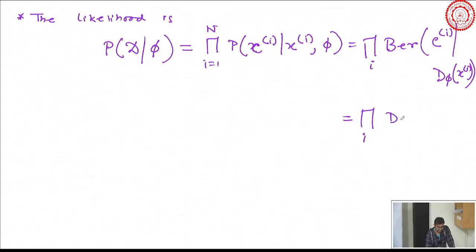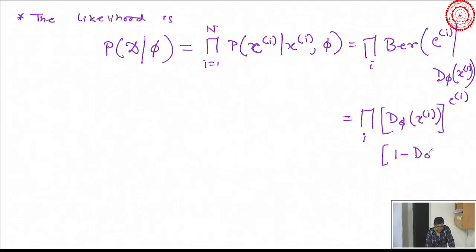D phi xi to the power Ci, multiplied by d phi xi to the power 1 minus Ci. Right? This is the PMF of Bernoulli.